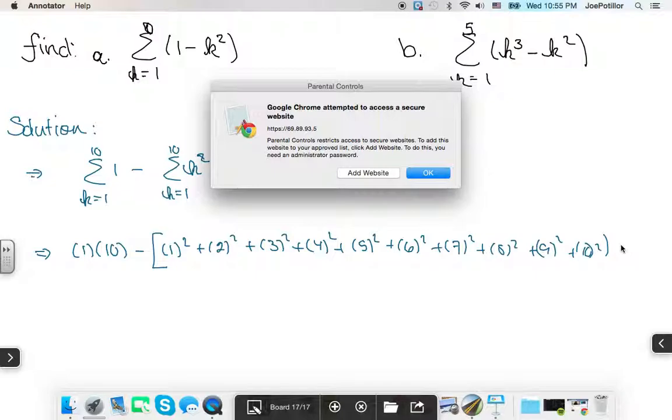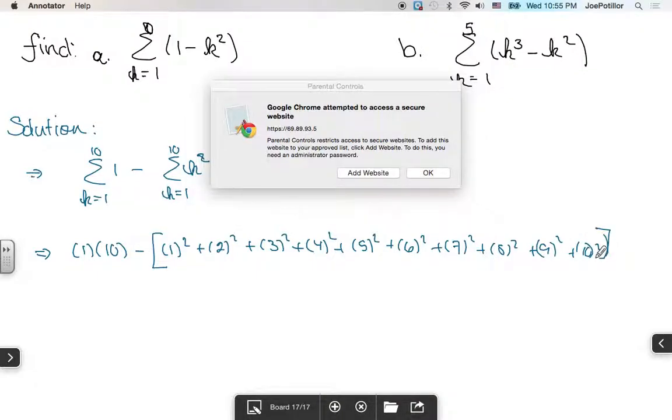We know it's going to be 385, so it's 10 minus 385, which is negative 375. And yes, your sums can be negative. Okay.